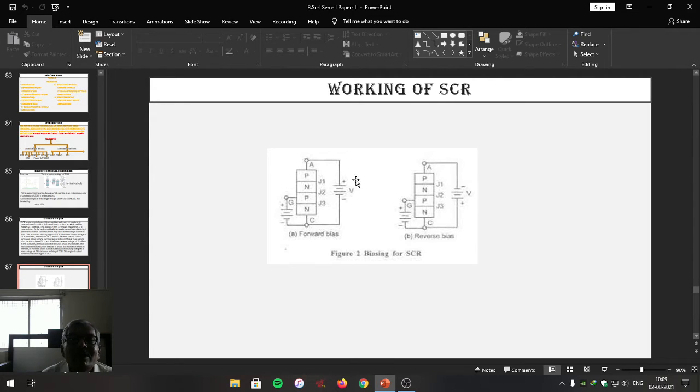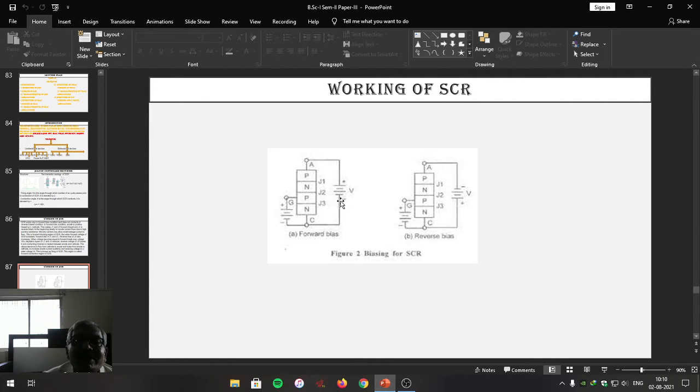If you look at this particular figure, an external battery is connected between anode and cathode in such a way that the positive terminal is connected to the anode and the negative terminal is connected to the cathode. Due to such a connection, junction J1 and junction J3 will be forward biased. Why?